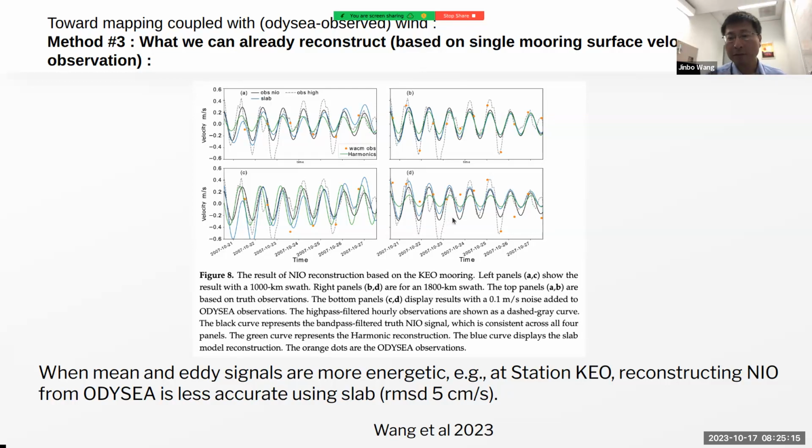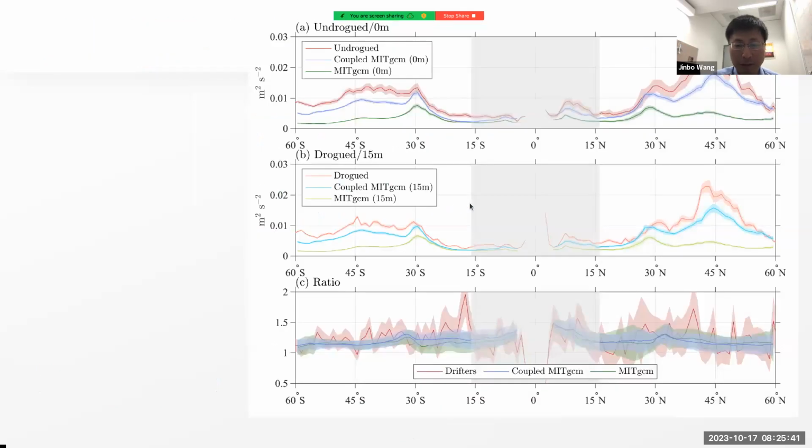Now we only have a time series at one point. We cannot do spatial filtering to separate the signal. So the hypothesis is that if we have a wide swath, we have more spatial information, and we can do much better than just a simple 1D time series based SLAT model fitting. The next one. By the way, all these results can be found in our recent paper.